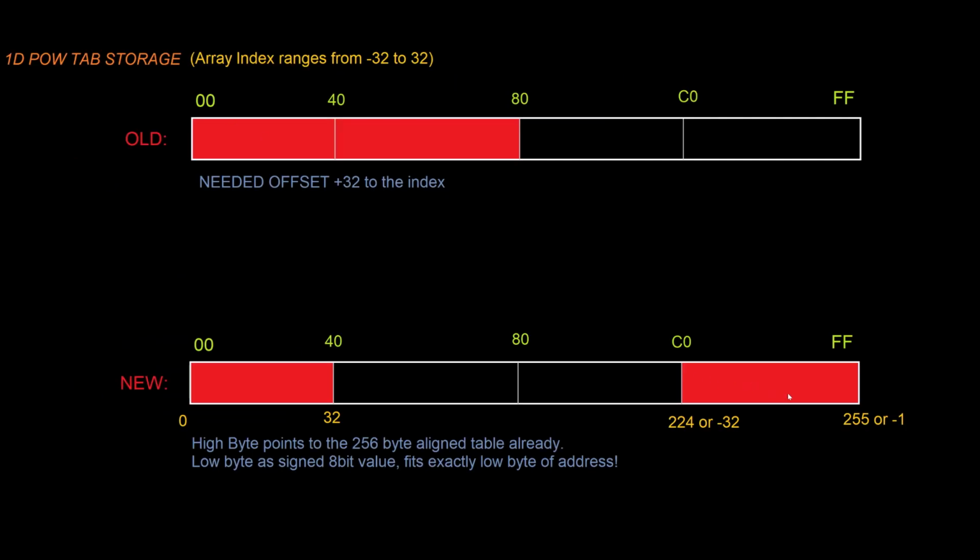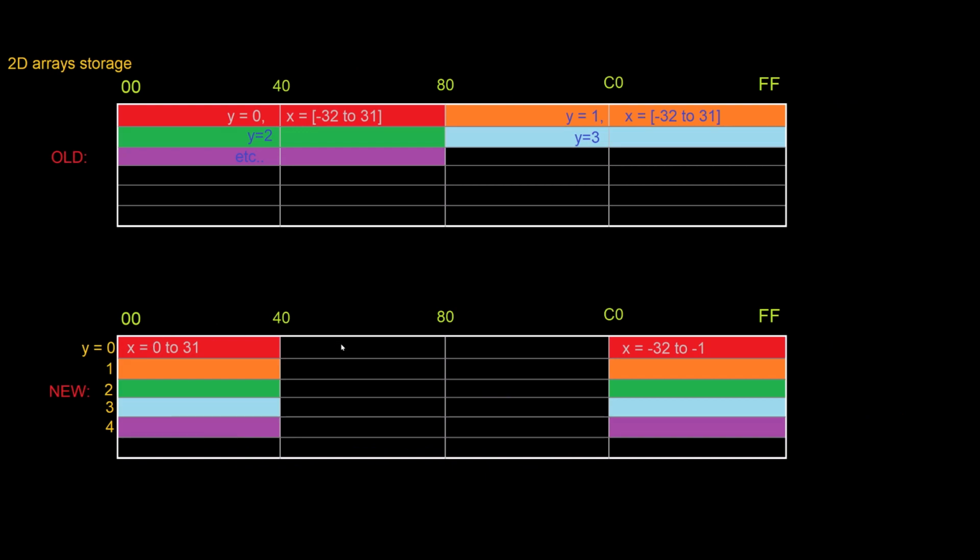I did this with the one dimension table. So this line is 256 bytes aligned, the next line is 256 byte aligned, but the high byte is increased by 1, 2, 3, 4, and this maps vertical to the Y and horizontally to the x, with minus 32 from the right side overflowing to 0 to 31 on the left side.